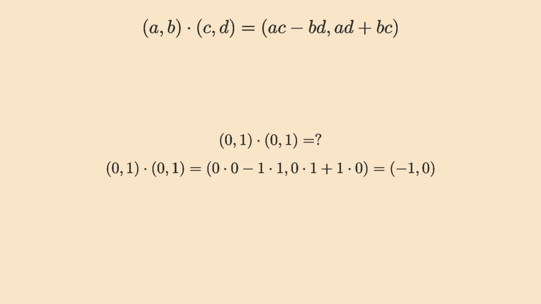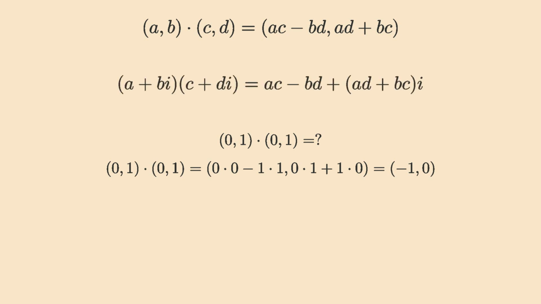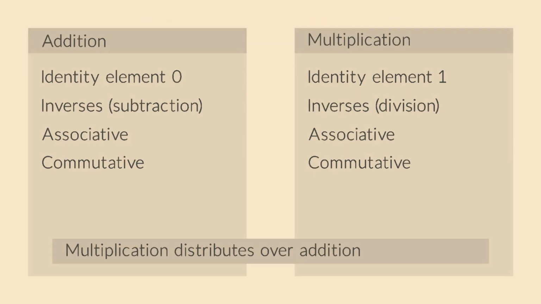Actually, you probably already recognized this formula from an earlier video. It's exactly the formula for the complex product, written with coordinates instead of as a linear combination with i. But it's essentially the same formula. Addition and multiplication have to satisfy a whole host of properties. You have now experienced firsthand that finding a formula that satisfies all these properties is not easy.